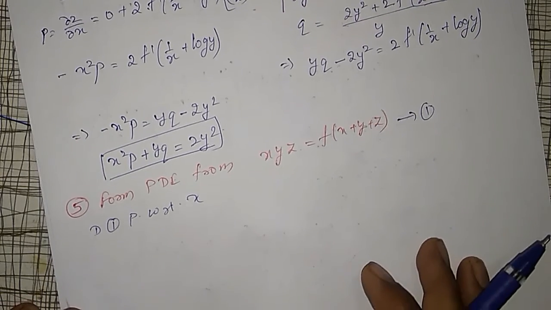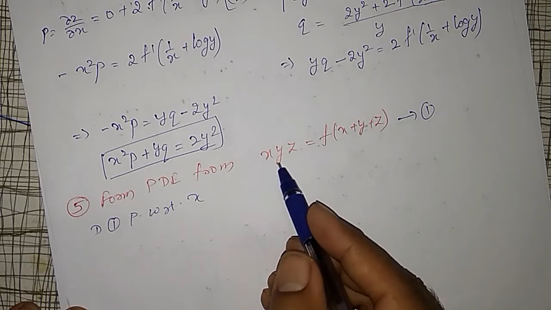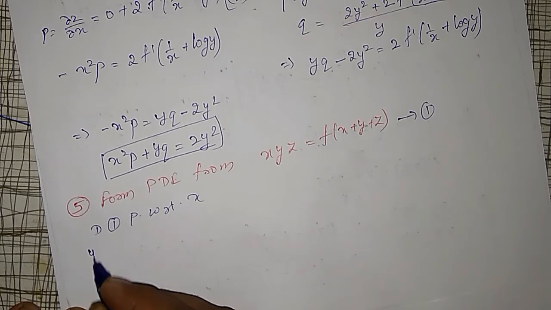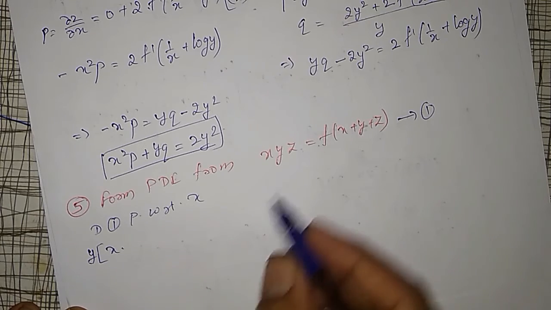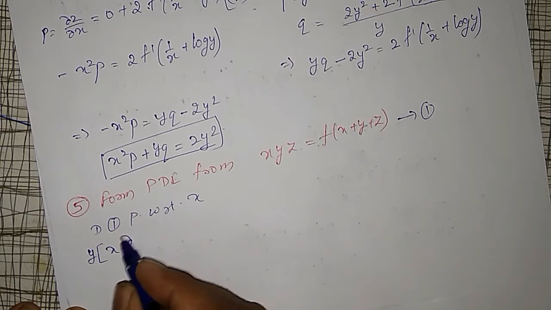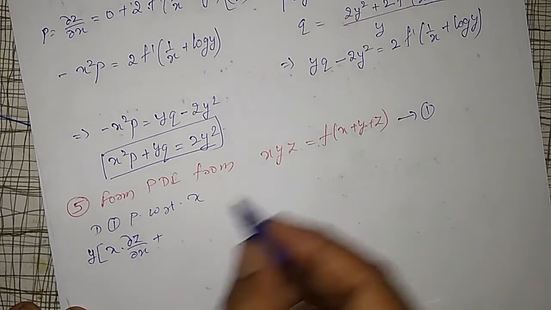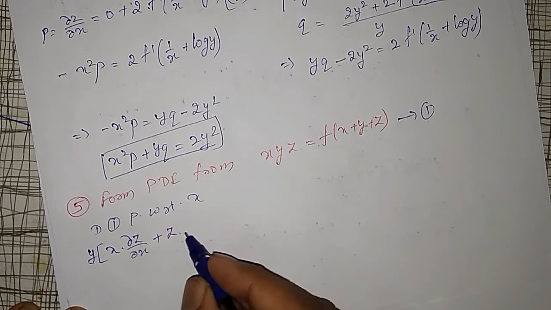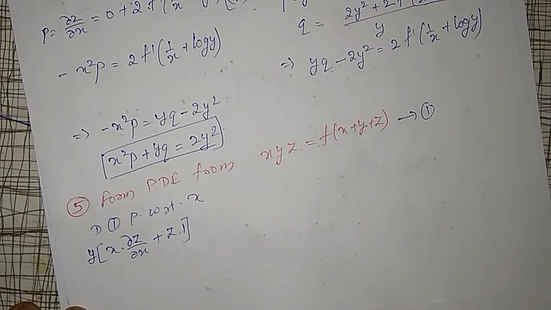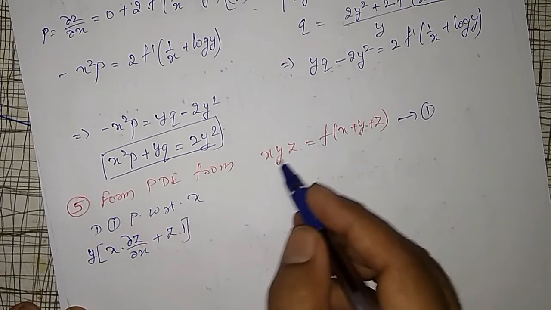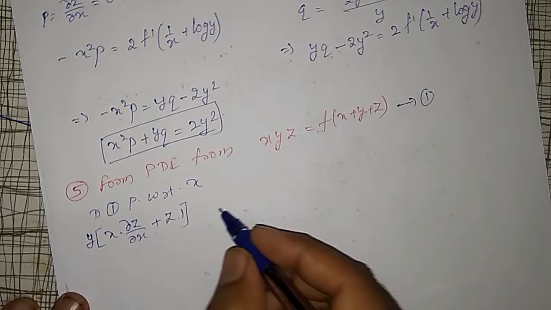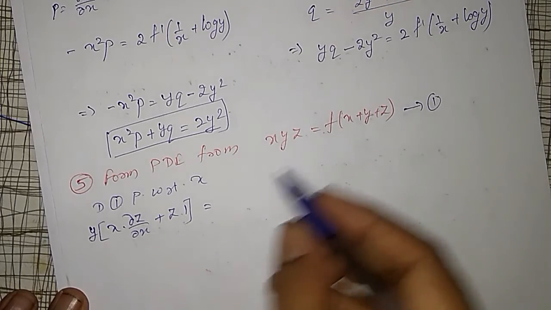Then y is constant here, into x into the differentiation of z partially with respect to x, which becomes dou z by dou x, plus z into the differentiation of x, which becomes 1. This is the partial differentiation of x y z with respect to x, which is equal to the right hand side.